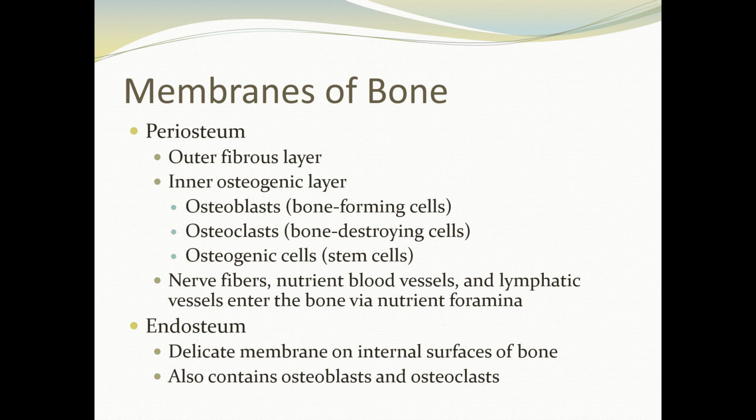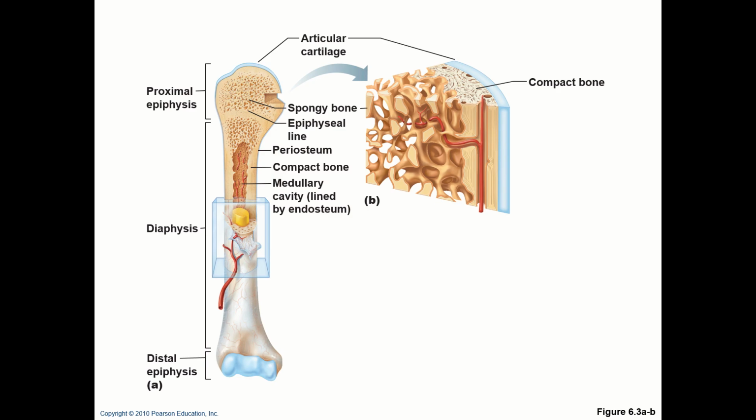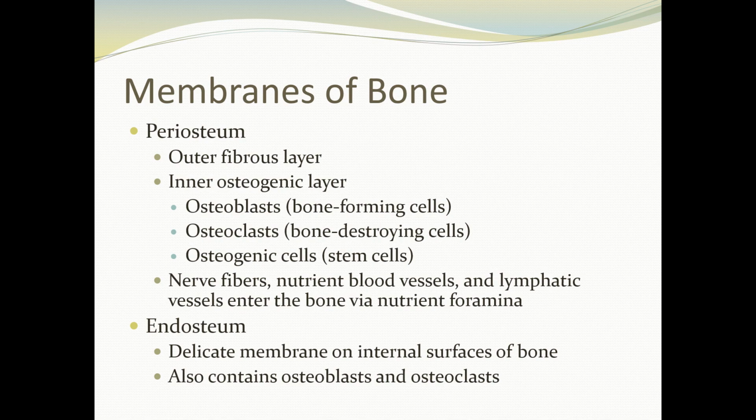The periosteum is the outer fibrous membrane of the bone, and it is pictured here as a white colored structure because collagen fibers are white. There are two layers to the periosteum, the outer fibrous layer and an inner osteogenic layer. The outer fibrous layer of collagen forms a protective covering for the bone beneath.